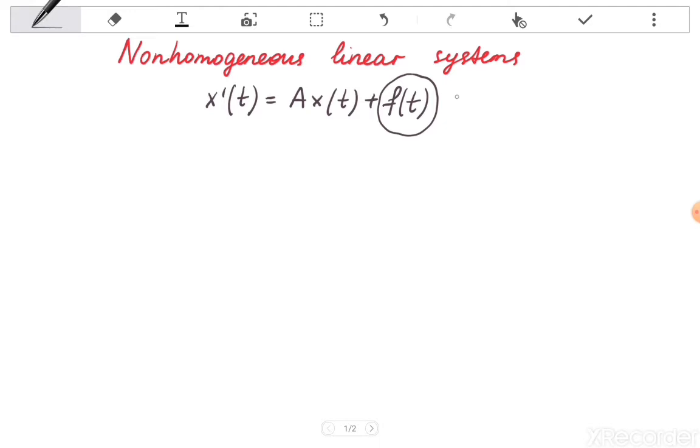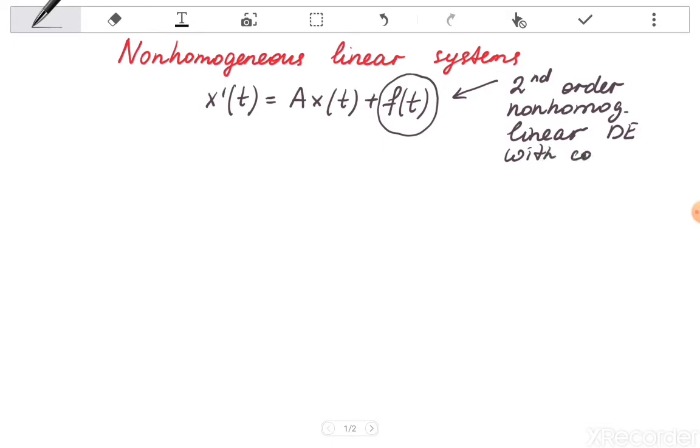And let me remind you that in these systems we also include second order non-homogeneous linear differential equations with constant coefficients, which we've studied during the first part of the semester.